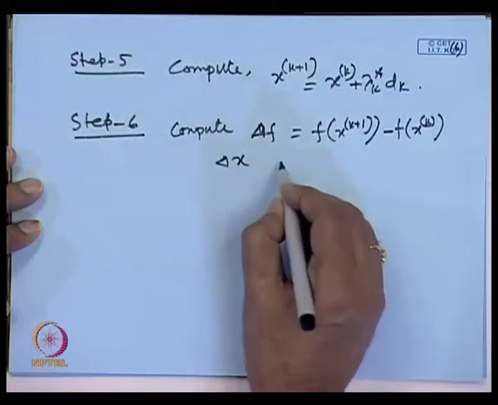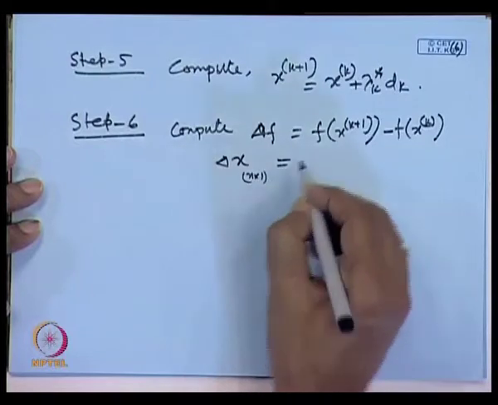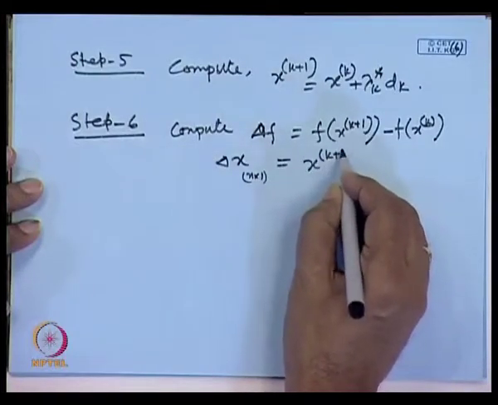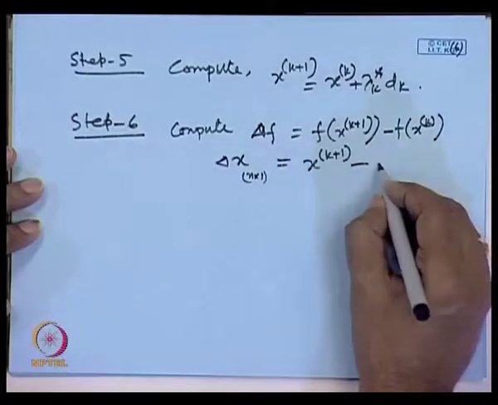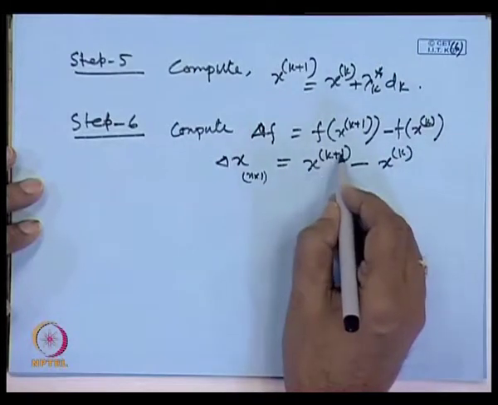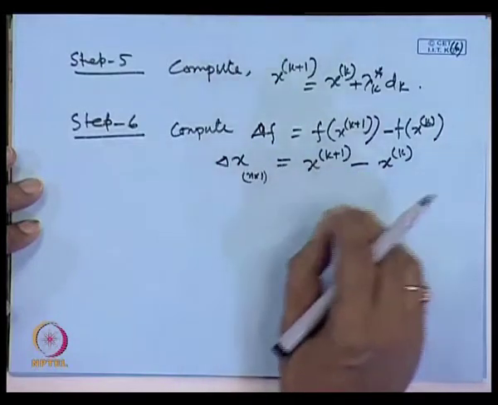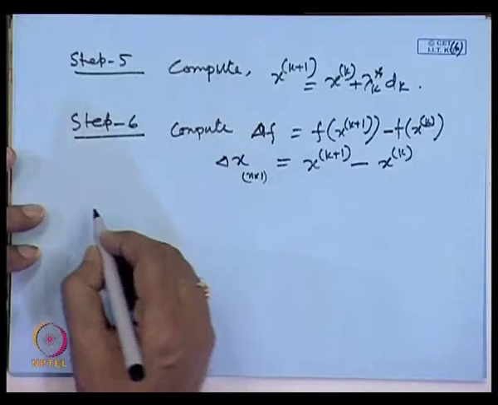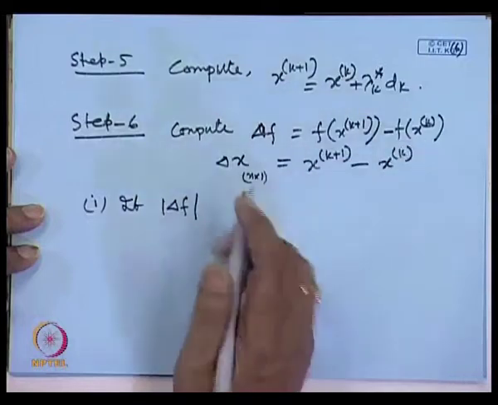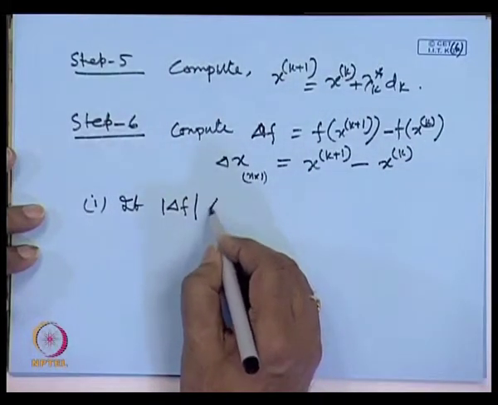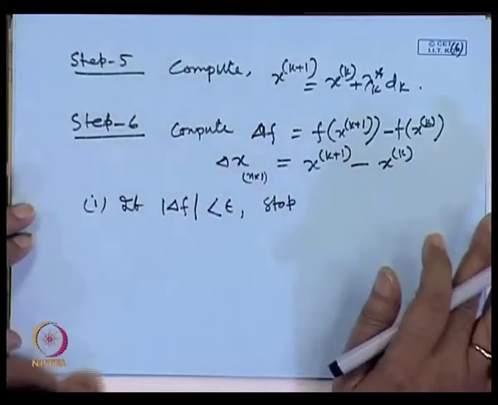And delta x, delta f is a scalar quantity, but delta x is a vector of dimension n cross 1, and that is the difference of decision variables values at the kth and k plus 1th iteration, two successive iteration values. So, now if the absolute value of delta f is less than epsilon, stop it. It indicates the function value is not changing at all.